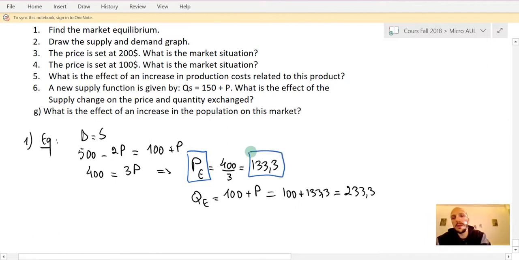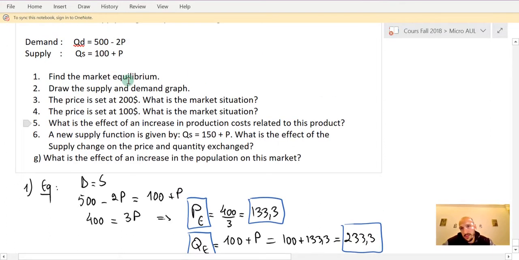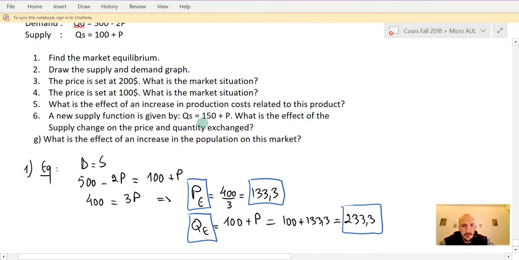So now we have our price at equilibrium and the quantity exchanged at equilibrium. The first one is 133 and the second one is 233. And next is draw the supply and demand graphs. I will do them very quickly. You can do it properly yourselves.